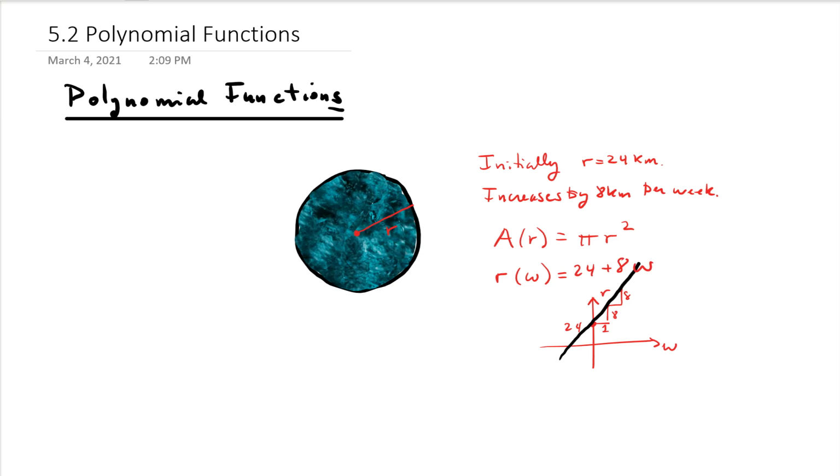Okay. So from this, we can combine both functions together, compose them. We could find the area as a function of the number of weeks that actually go by, and that would correspond to pi times (24 plus 8w) squared. Okay, and if I expand all this, I'm going to get the following polynomial.